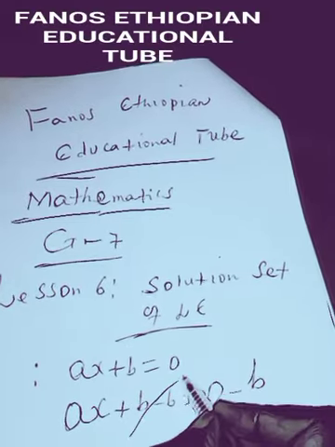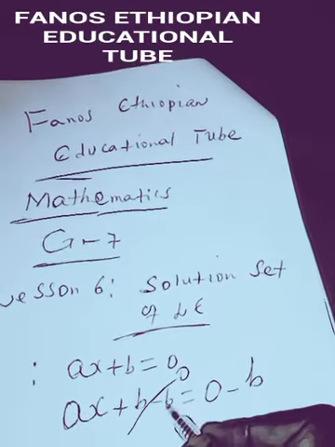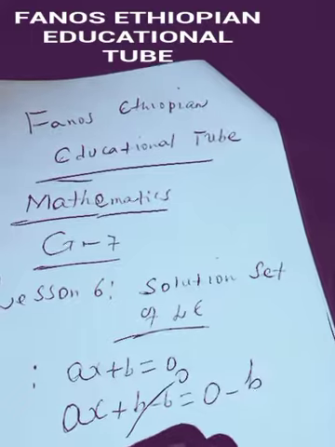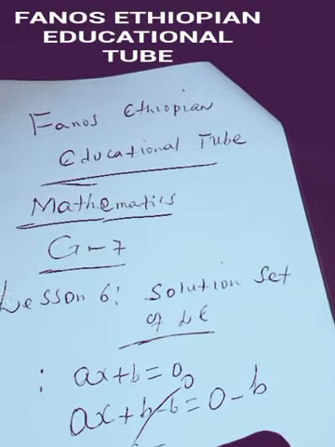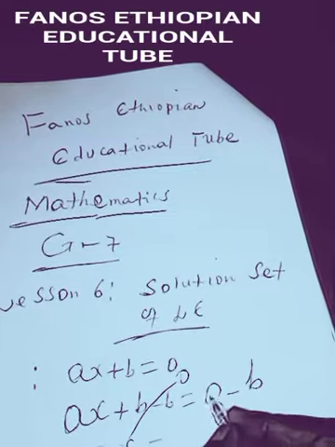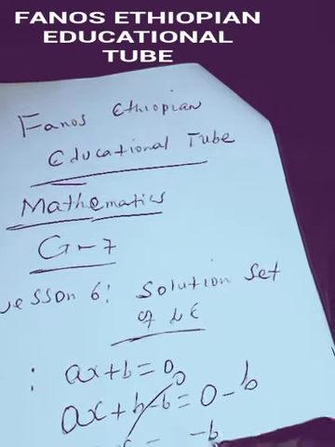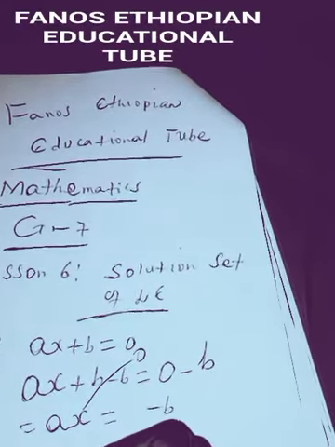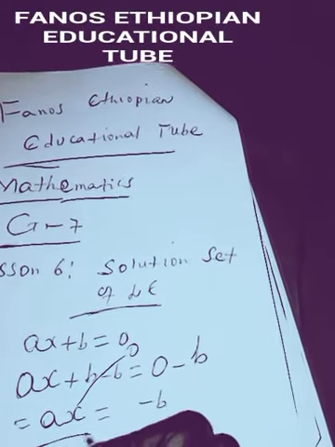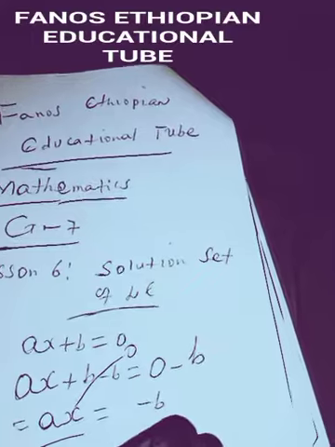Here this becomes 0. And then this is the same as ax is equal to 0 minus b, which is minus b. And then to solve for x, we need to divide both sides of the equation by a.